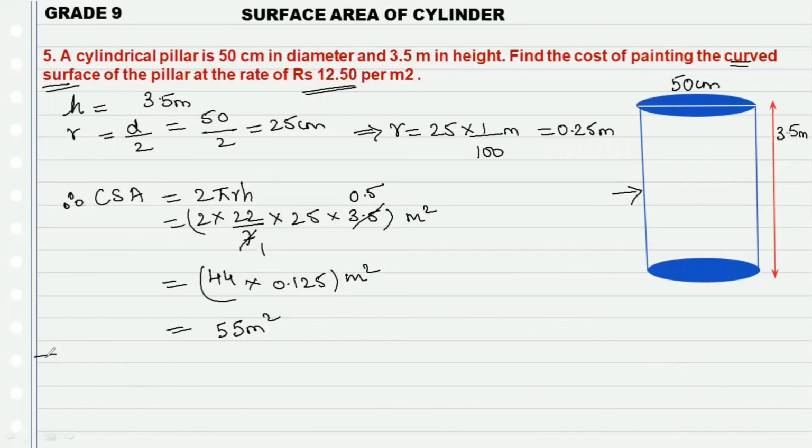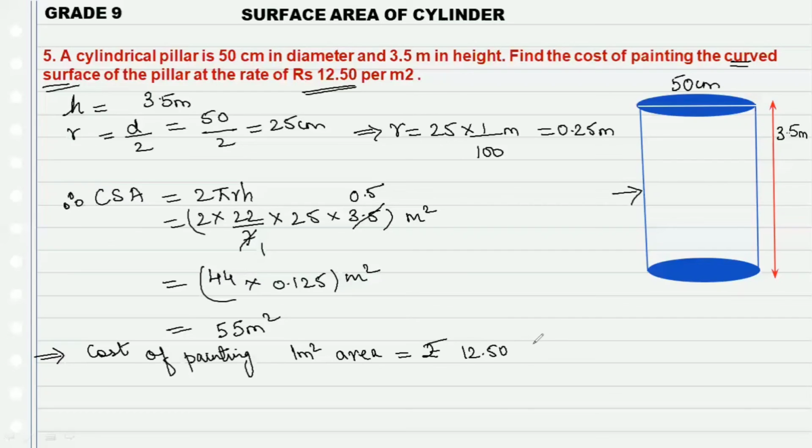Okay, now they say that the cost of painting 1 meter square, okay, 1 meter square area is how much? Rupees 12.50, right?